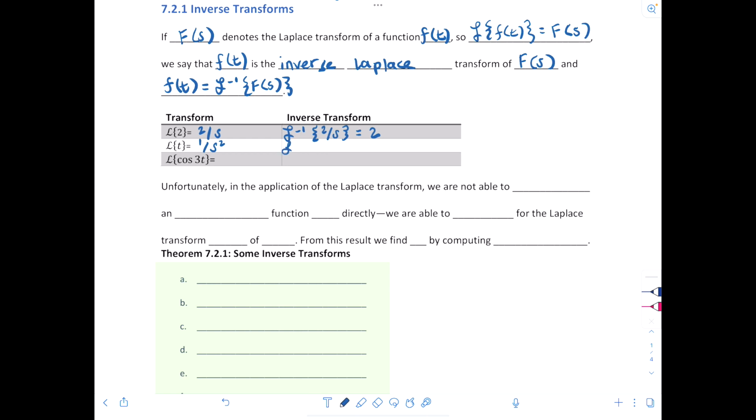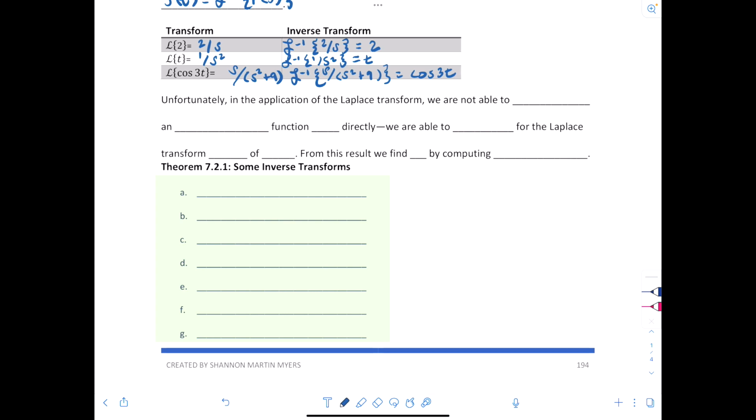And so L inverse at 1 over S squared is equal to T. And then when we did the Laplace transform of cosine at 3t, we got S over quantity S squared plus 9. And so that inverse Laplace transform of S over quantity S squared plus 9.